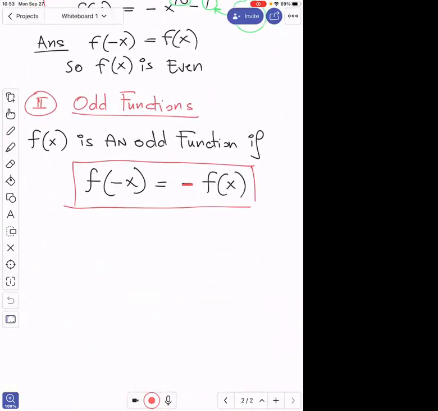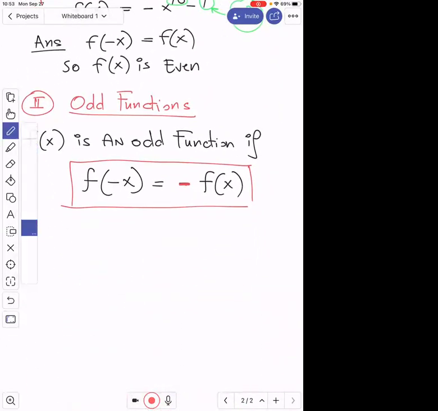So this is the difference with the even functions. That minus sign is the difference with even functions, right?